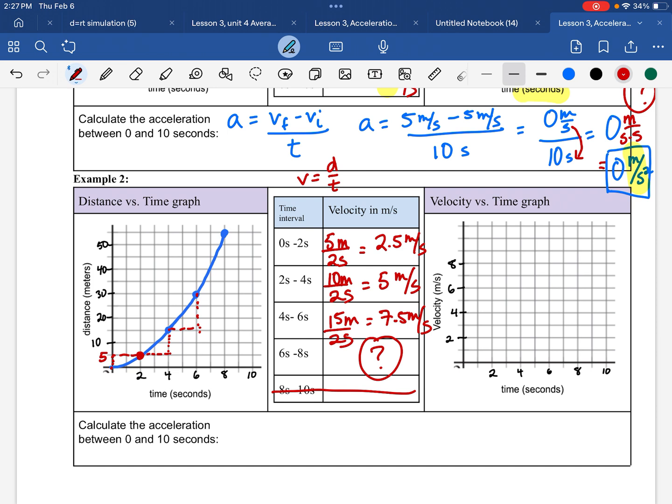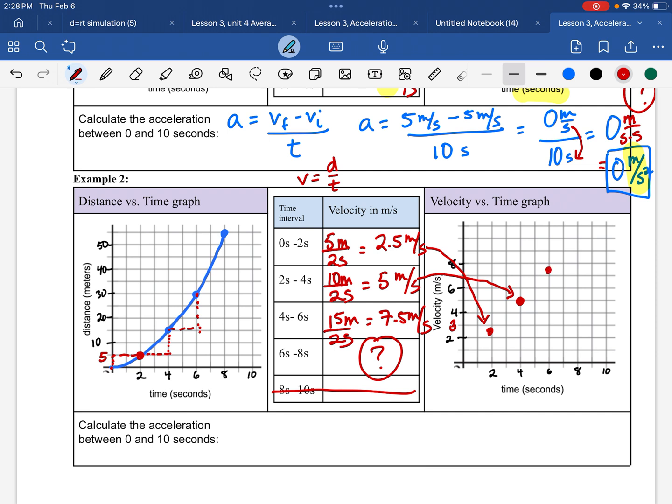Okay, so now we're graphing velocity for each time interval. So at 2 seconds, the velocity was 2.5 meters per second. So that would be right about here. Right? At 4 seconds, the velocity was 5 meters per second, right? So we're graphing these points, right? There's that point. At 6 seconds, we have 7.5, right?